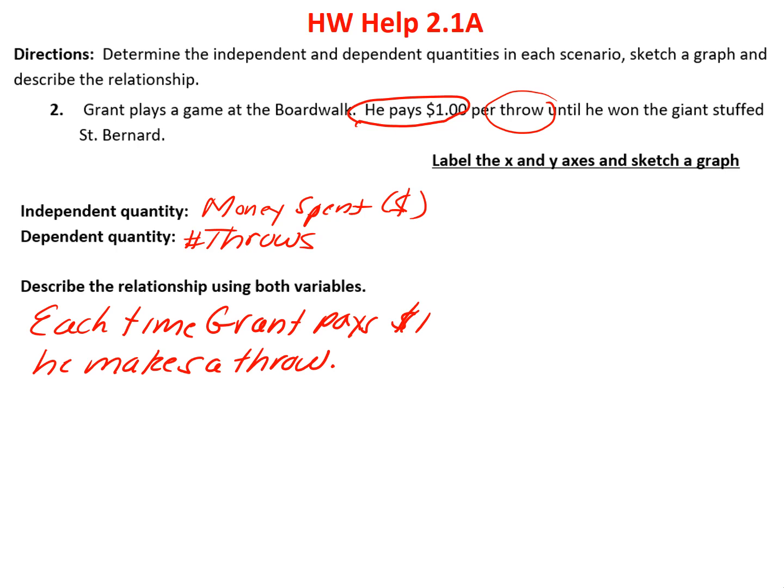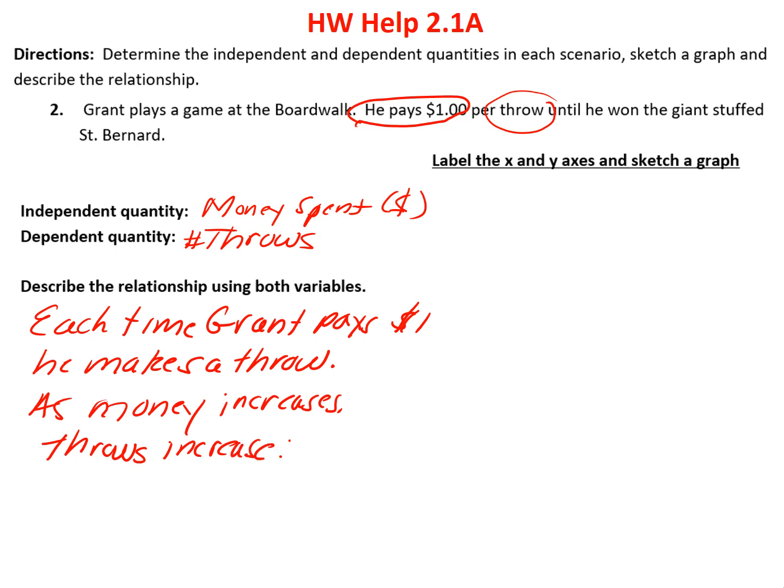So as the money increases, throws increase, until he wins the prize.